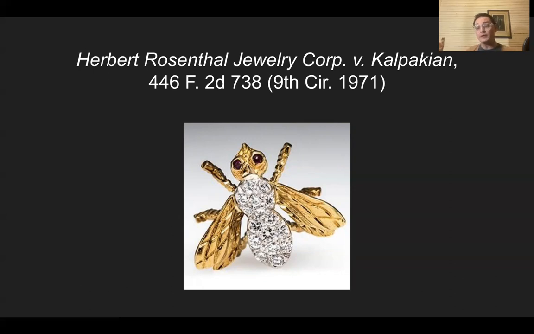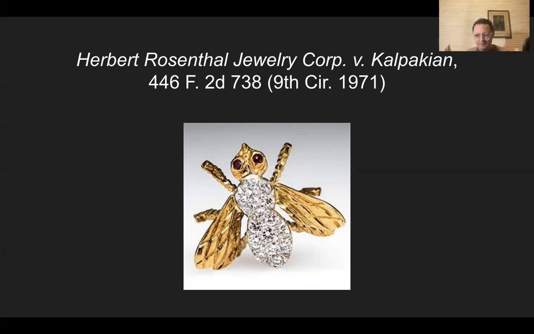And Kalpakian saw that these bee brooches were very successful and decided to make its own line of bee brooches. I mean, why not get in a market? If they're popular, we should be making those ourselves.